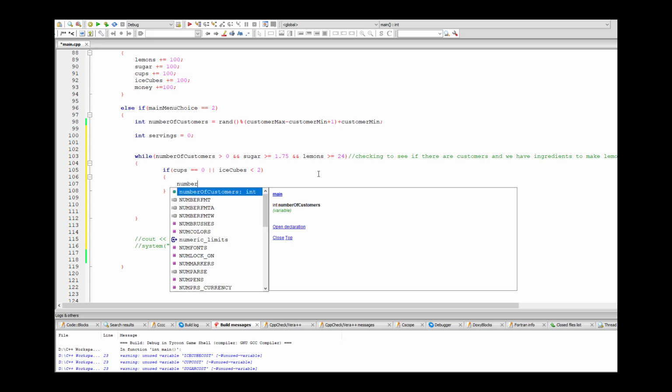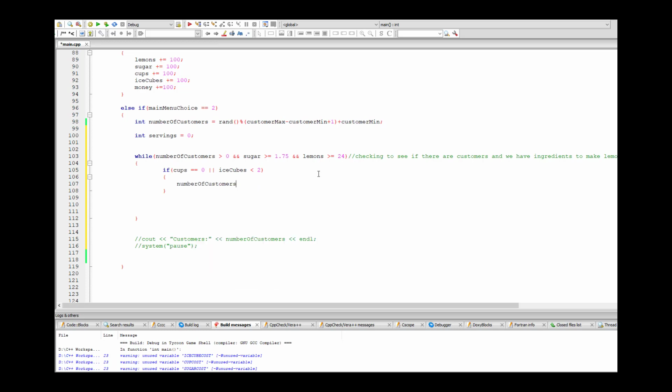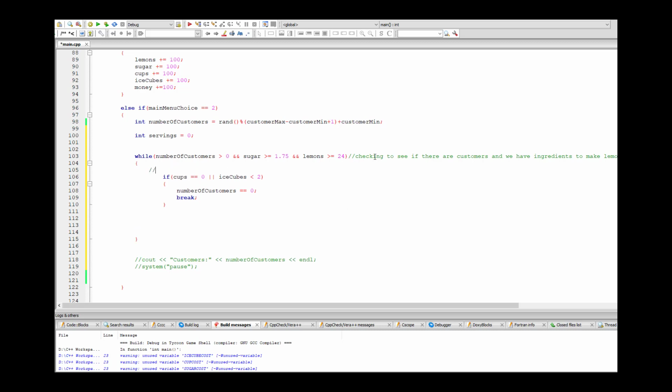So the number of customers is equal to 0, and we'll just break out of this loop because we can't serve anyone anyways. If we don't have enough cups or ice cubes, we cannot serve anyone today.